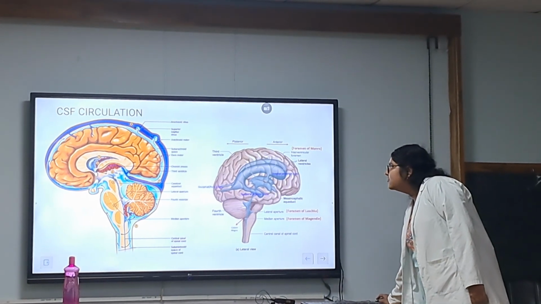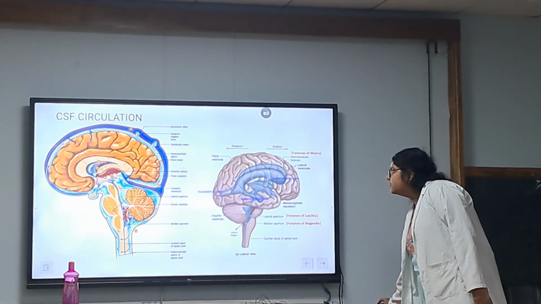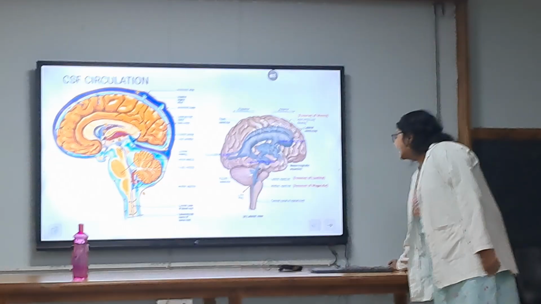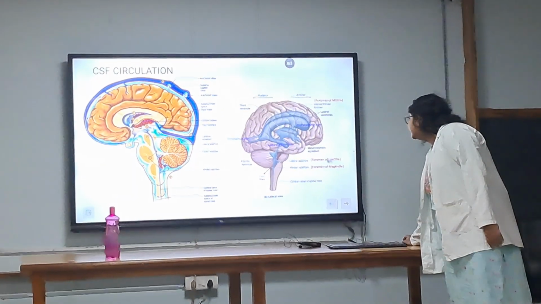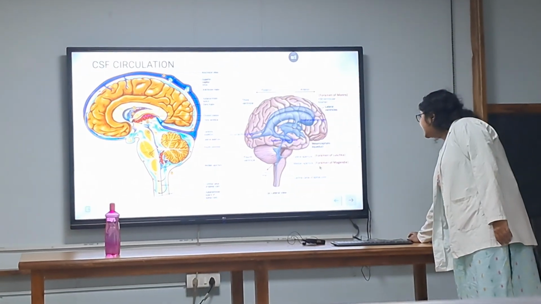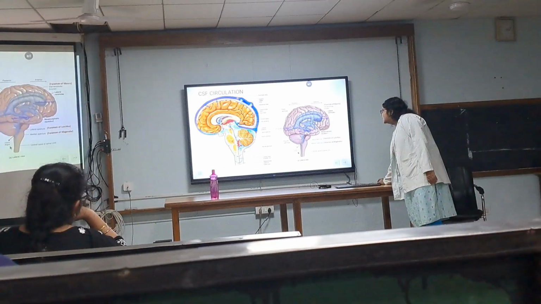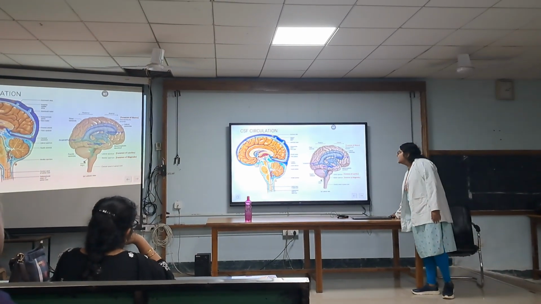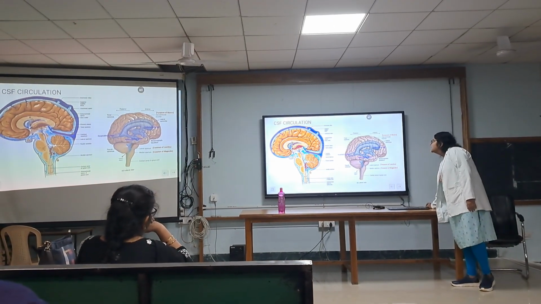Then it comes to the narrow cerebral aqueduct to enter the fourth ventricle. From the fourth ventricle, it exits through two lateral foramina of Luschka and one medial foramen of Magendie to enter the cisterna magna. Cisterna magna is connected with the subarachnoid space that is shown in this light blue coloration.